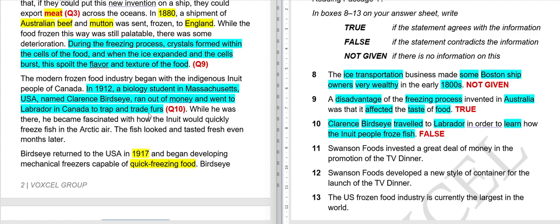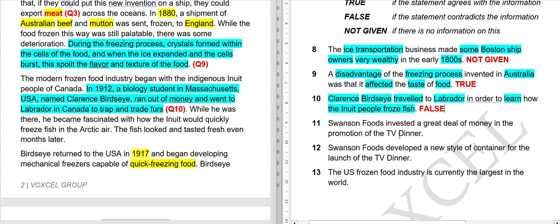So he wanted to trap animals and trade their fur, something like that. So the purpose of his visit to Labrador is entirely different from what is given in the question. It is opposite to that or something else entirely different. We will say false. I hope it is clear.